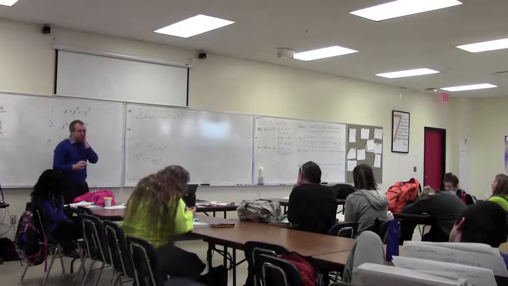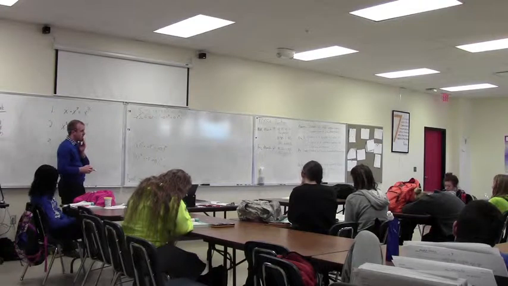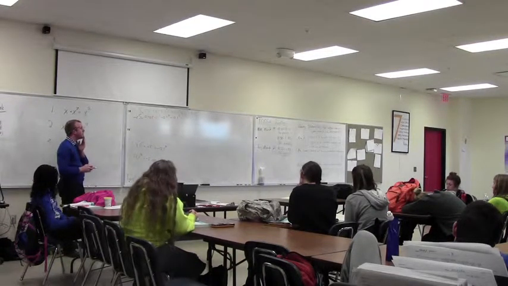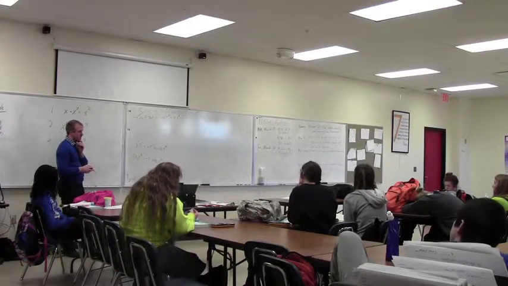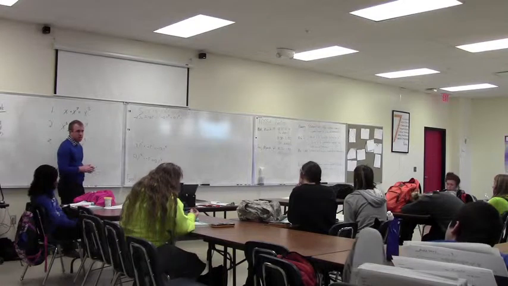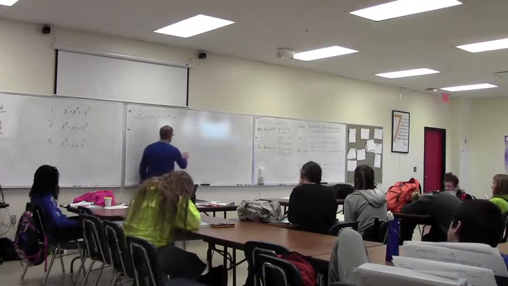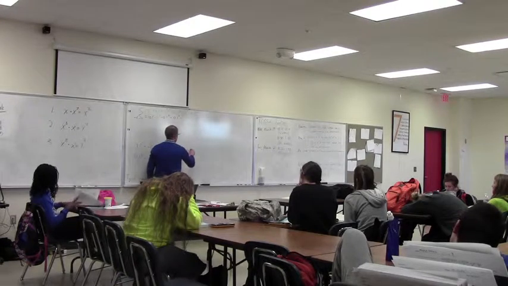How about that last one? That's the one that might be a real stretch. It's just n. Does anybody know why it's just n? Blake, what do you think? Because when you multiply the negatives, it goes to the positive.